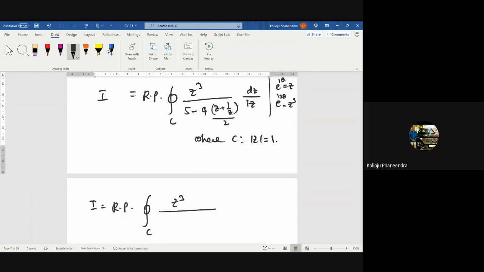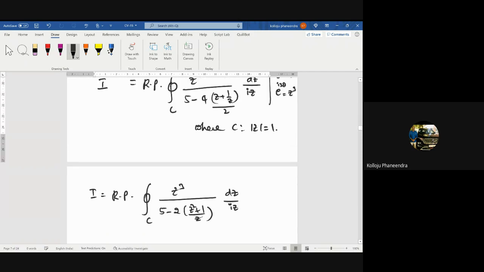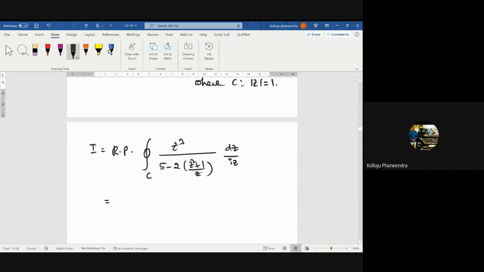Let me write finally: this is 5 minus 2 into z square plus 1 by z, dz by iz. If any correction, suggest me. Right. This is the real part of the integral over C, again z LCM, z power 4 out: z cube by 5z minus 2z square minus 2, dz by iz.